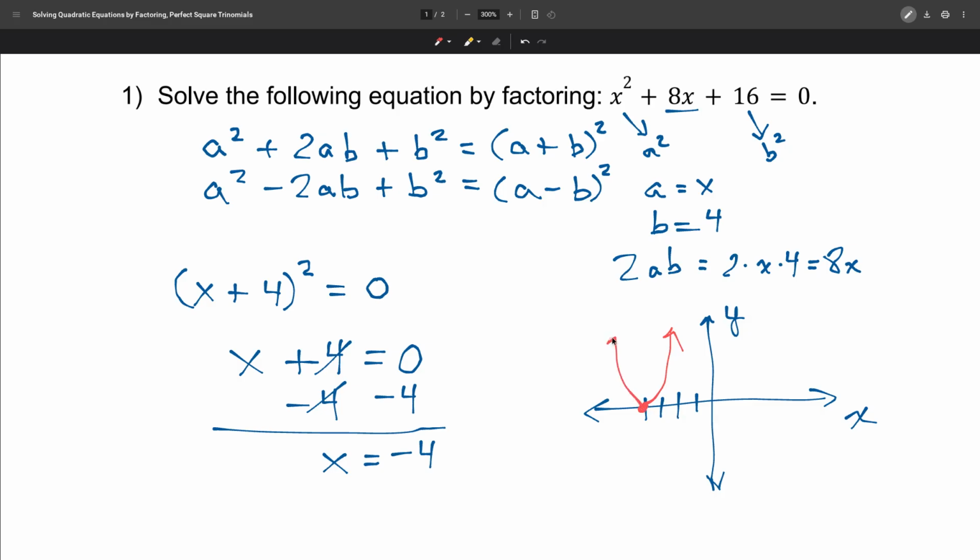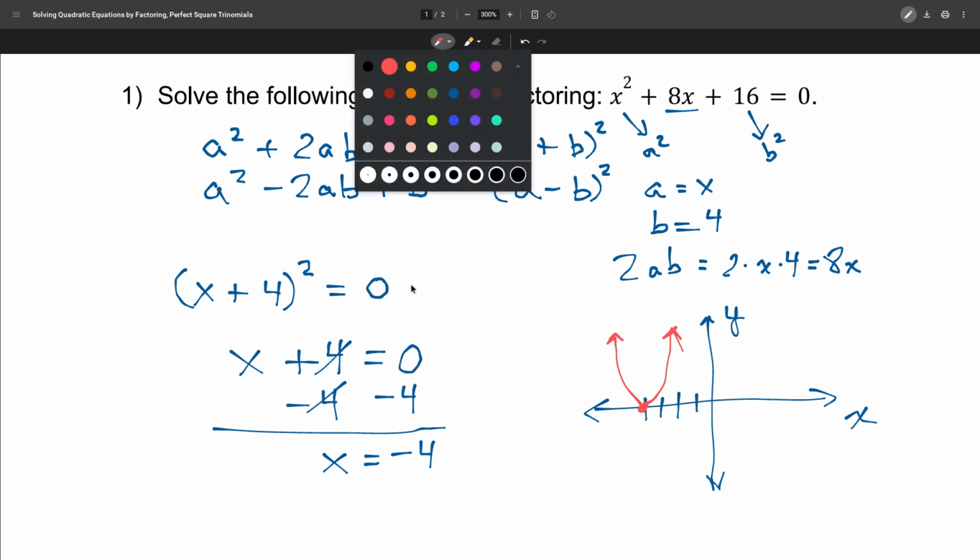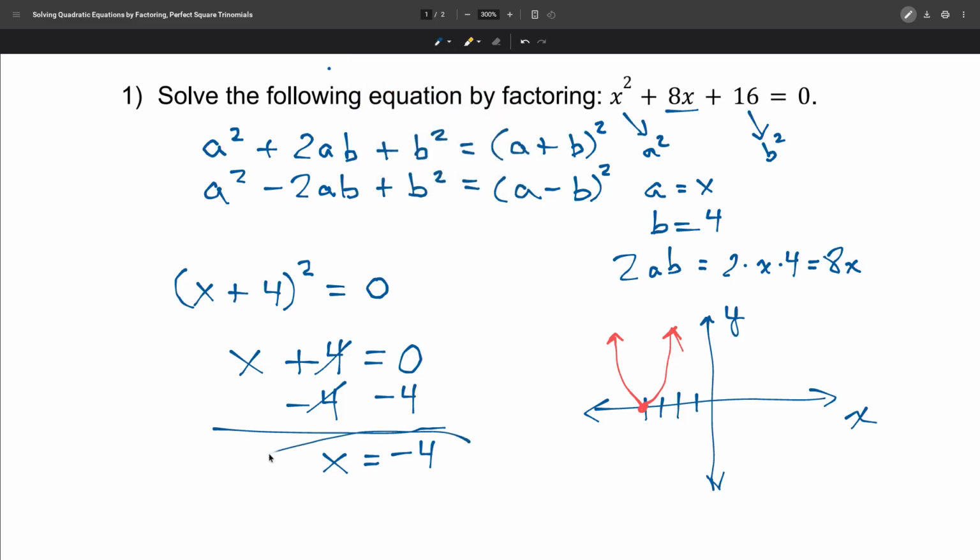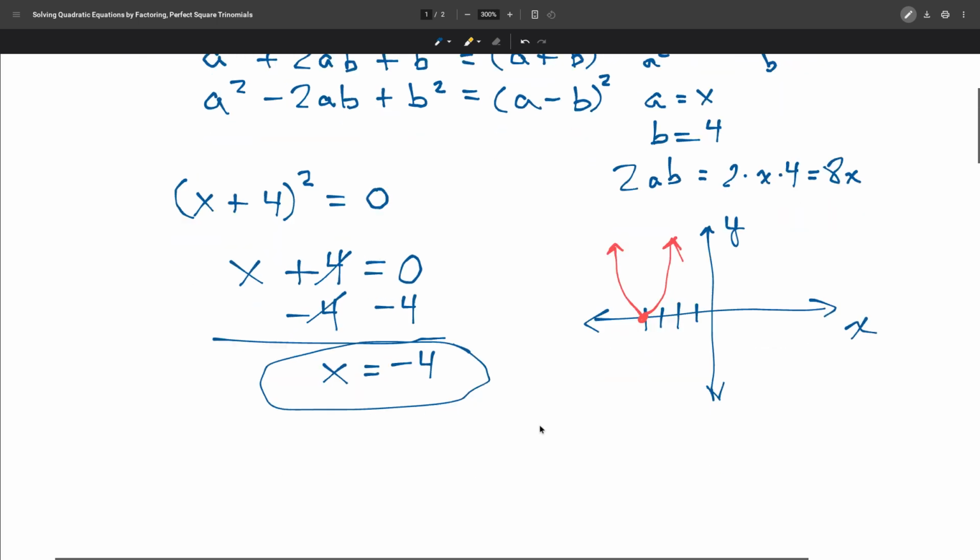This is my very rough sketch of the parabola. So it just bounces at negative 4 on the vertex. Okay? So for that first one, our only solution, or one unique real solution, is x equals negative 4. Let's keep going, try a few more of these, and see if you can get the hang of it.